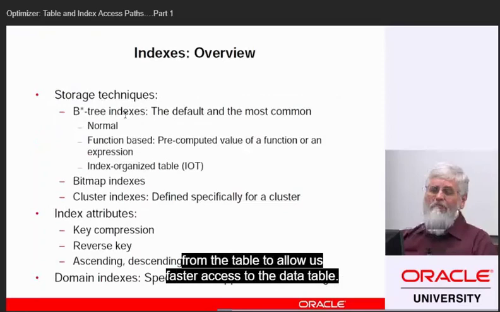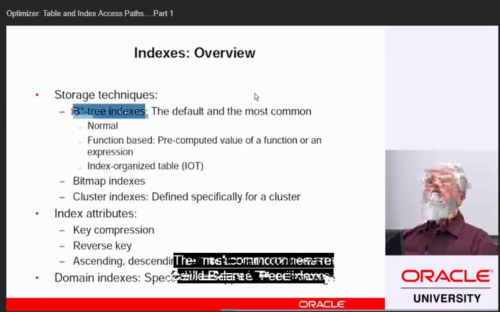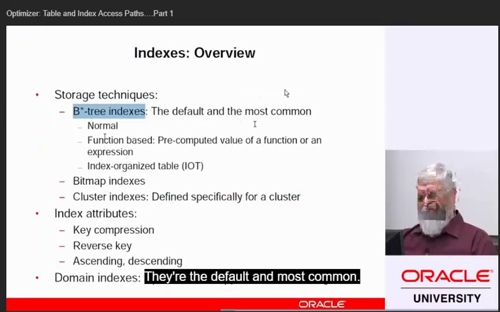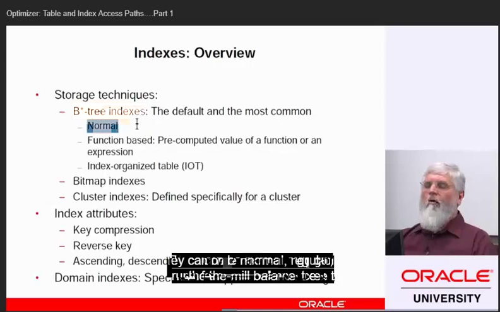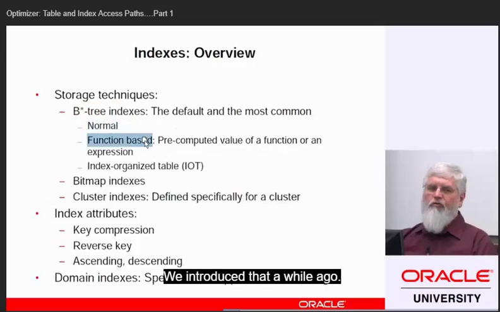They have a number of subclassifications. They can be normal, regular, run-of-the-mill balanced trees. They can also be function-based indexes. We introduced that a while ago, and we saw an example of using that when we were looking for a percentage string by using a reverse function in a function-based index.